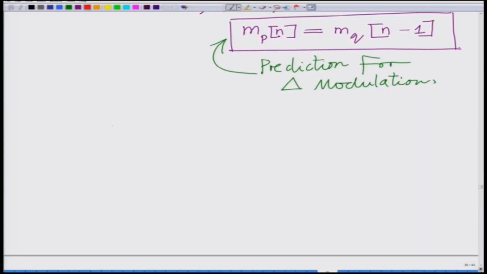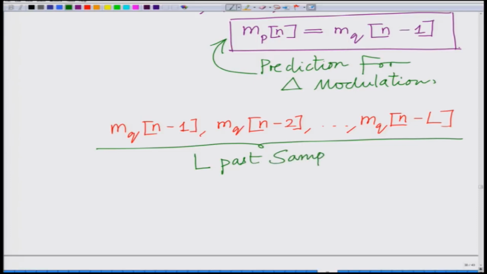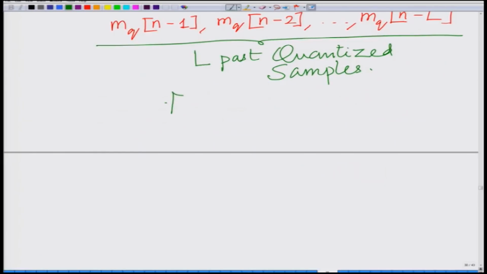So, we are using the L past quantized, or reconstructed, samples: MQ of n minus 1, MQ of n minus 2, up to MQ of n minus L. The function f is your prediction function, and we use the L past quantized samples in f.